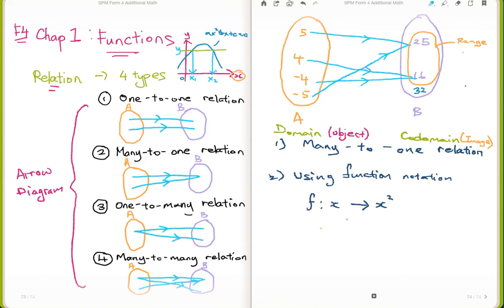If you were asked to write them in ordered pairs, in set form, the answer should be curly bracket, 5 is mapped to 25, negative 5 is mapped to 25, 4 maps to 16, negative 4 maps to 16. Curly bracket, because it's in set form.